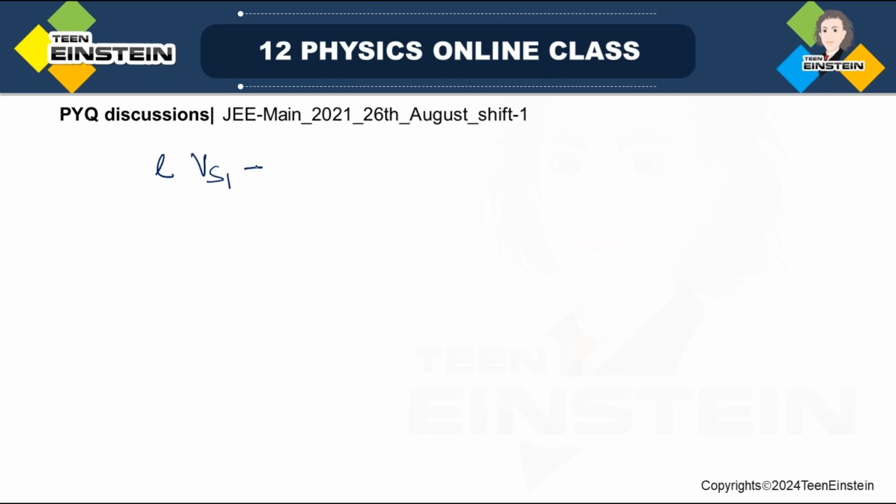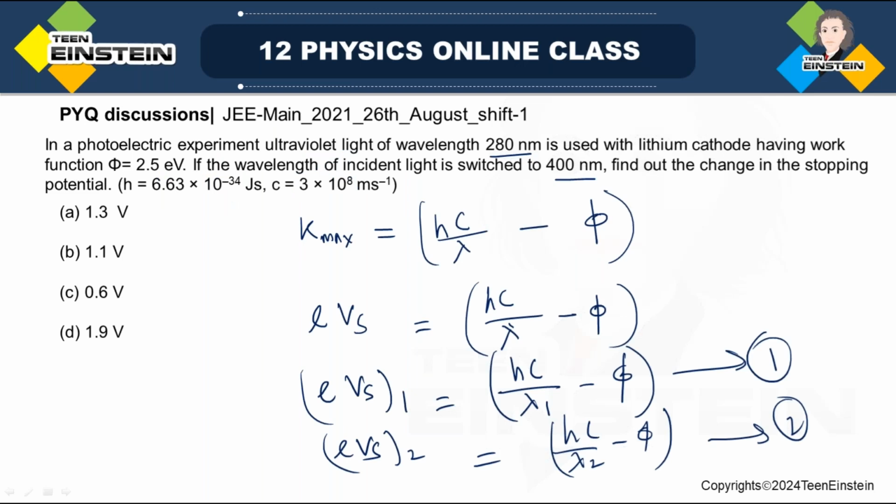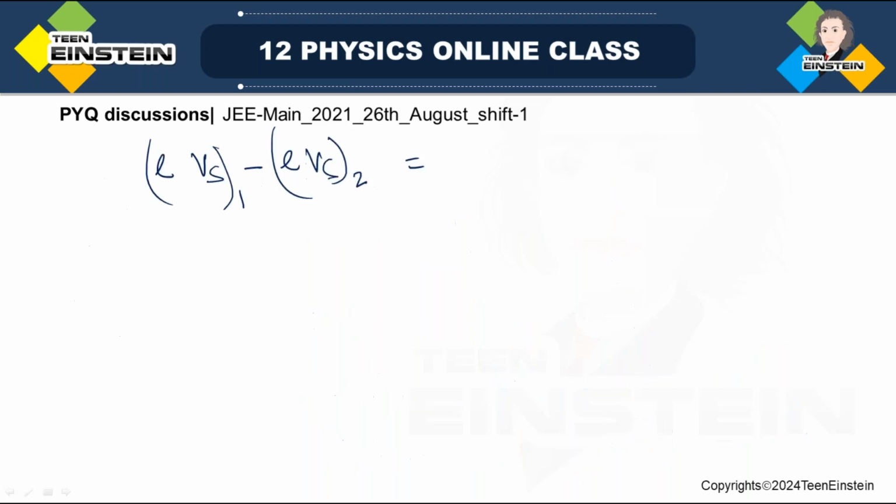Actually I should write it this way: eVs1 minus eVs2, that is, if I just subtract, this phi and this phi will cancel each other, so this minus this, so I get hc by lambda 1 minus hc by lambda 2.